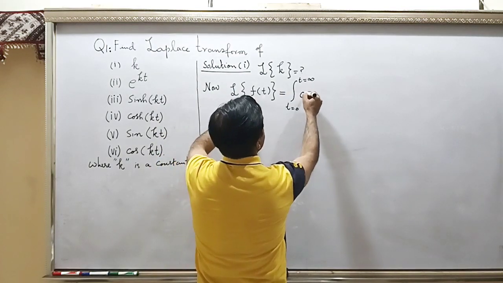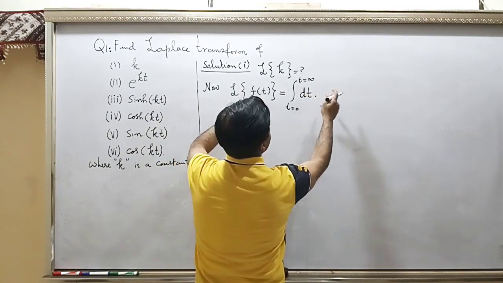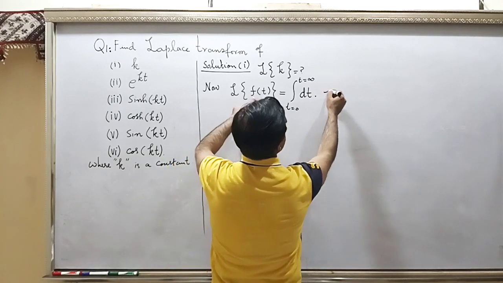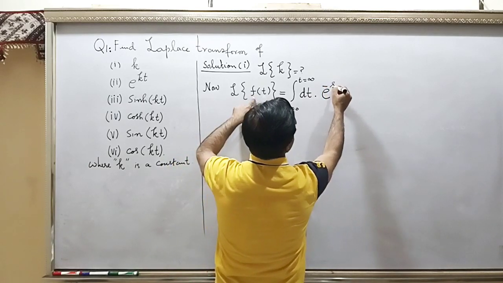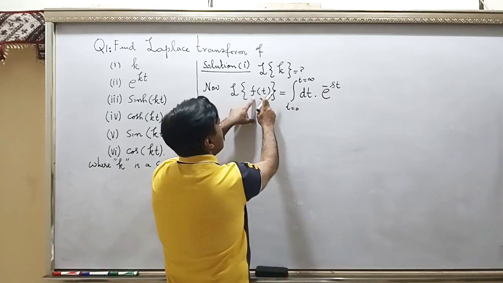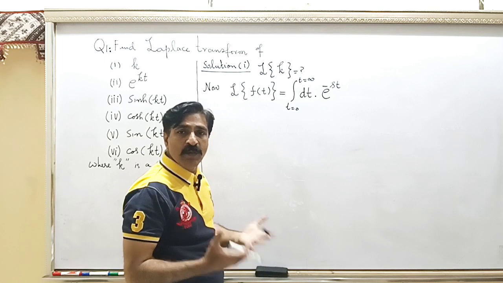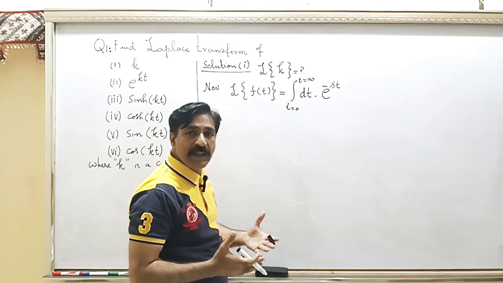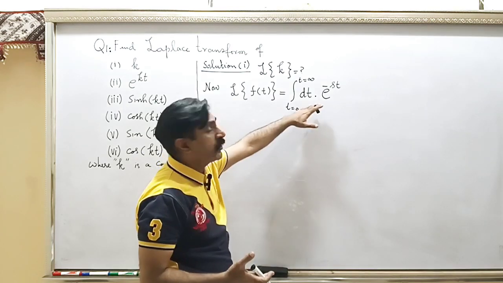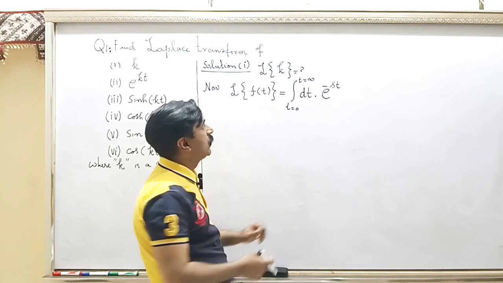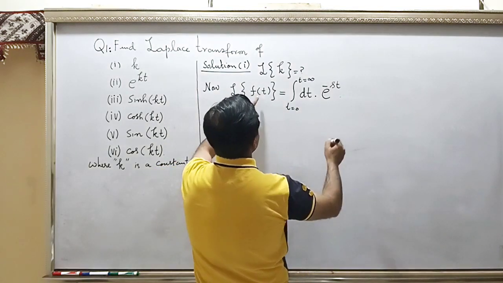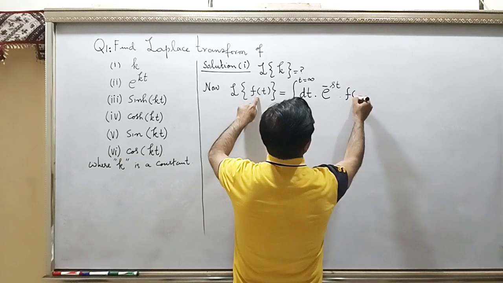Then integration is over t, meaning dt, into the kernel, and the kernel for the Laplace transform is e to the power minus st, where t is the old variable and s is the new variable. The solution of this integral will tell you what type of variable s is, and into the function f(t), right?